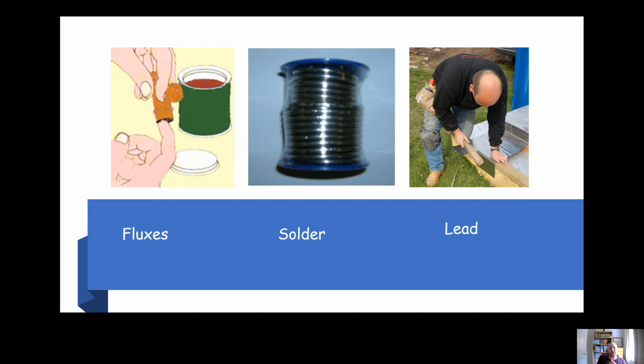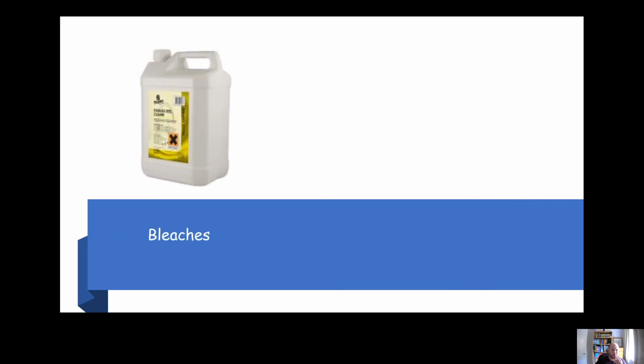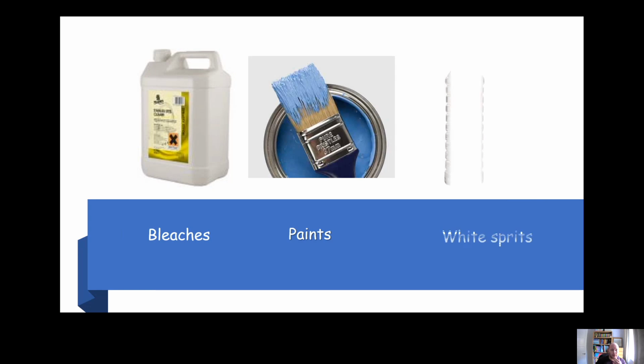When you solder, when you're using a gas bottle, which is potentially gas under pressure, explosive, flammable, you should always make sure that you wear safety goggles as well to protect yourself from that hazard. Bleach, paints and white spirit, all of these you should try and avoid coming into contact with your skin.